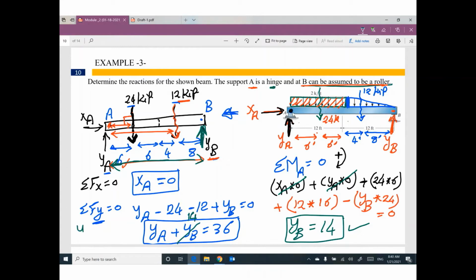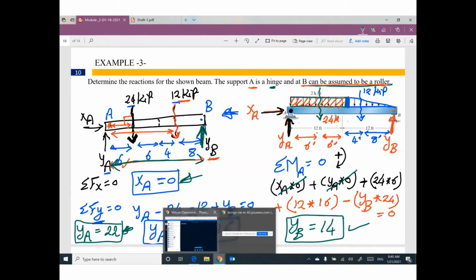Then I can figure out the value of YA will be 22. So your final answer: XA equals 0, YA equals 22, YB equals 14. Do you have any question? Guys, do you have any question?